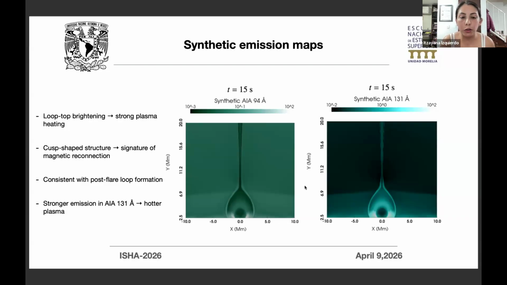We also observe this cusp-shaped structure, which is a typical signature of magnetic reconnection, and the morphology is consistent with the model of magnetic reconnection.